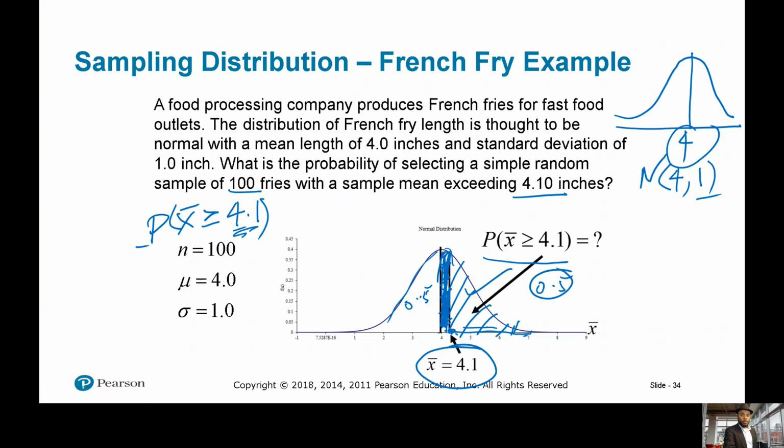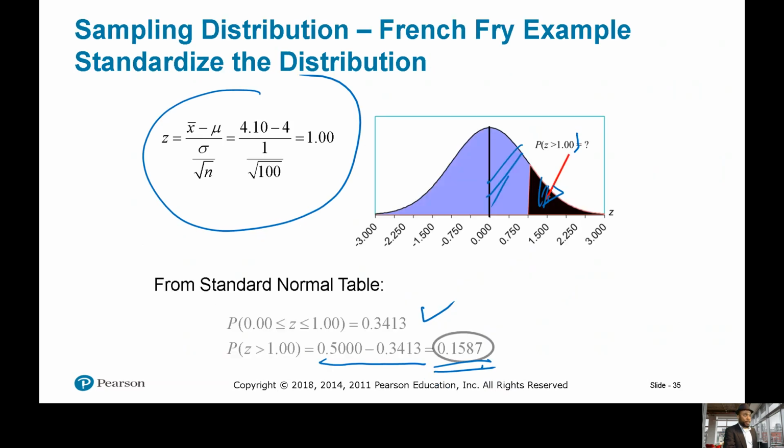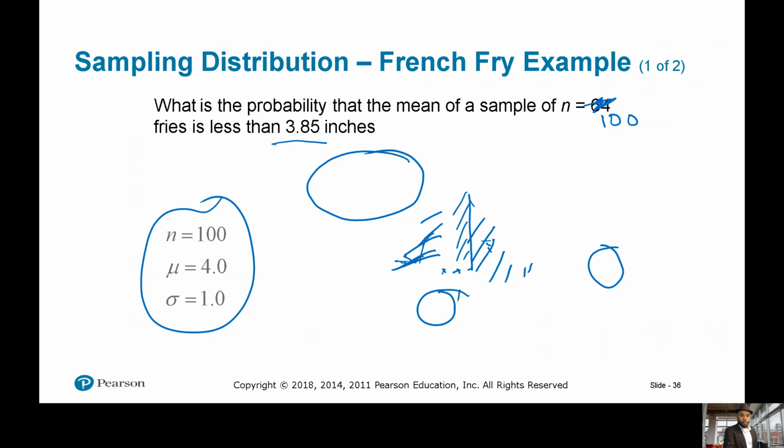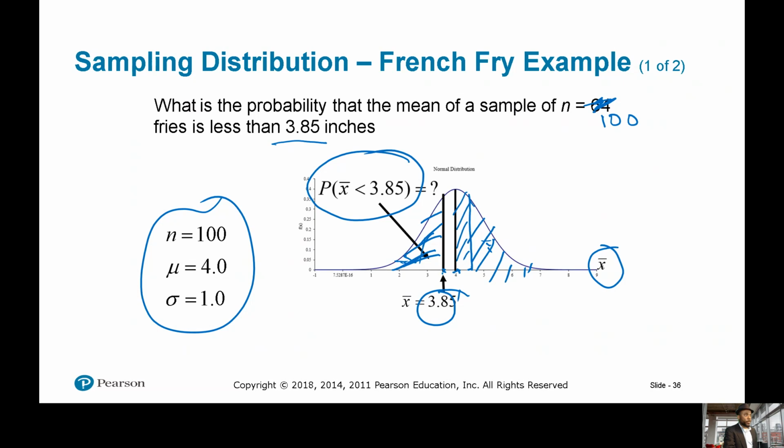Let's look at another problem we actually solved in the class. Let me see the next one. So here in this question, we have: what is the probability that the mean of a sample of n equals 100 fries is less than 3.85?